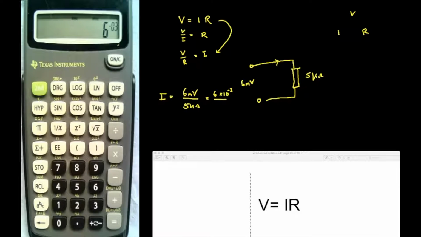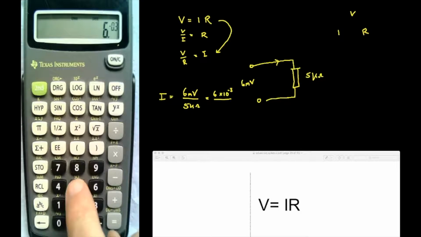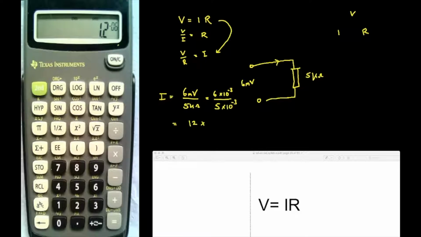Now we divide that by, so press the divide button, 5 EE 3 equals. That's 5, that's minus 3, and the answer comes in as 12 times 10 to the minus 6. You can see 12 and minus 6 there. That's I.